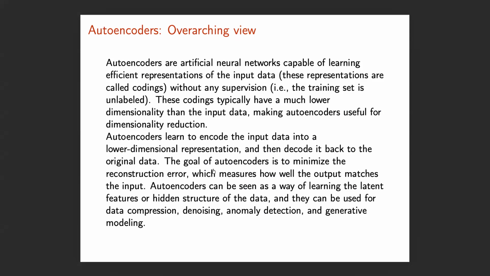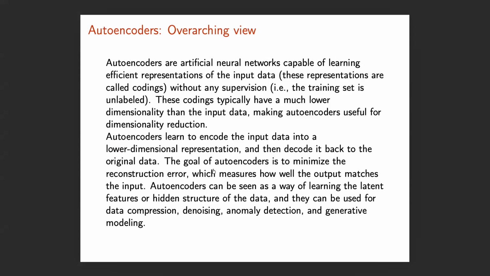And these codings typically have a much lower dimensionality. So I'm going to repeat this about the dimensionality again and again, so that you see that this is actually a dimensionality reduction method. So they learn to encode the input data into a lower dimensional representation and then decode it back to the original data.